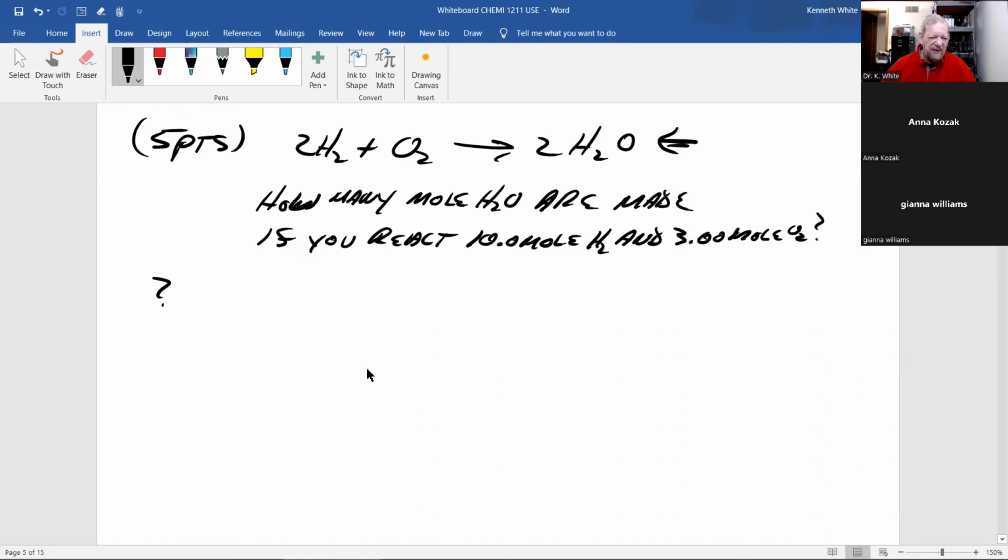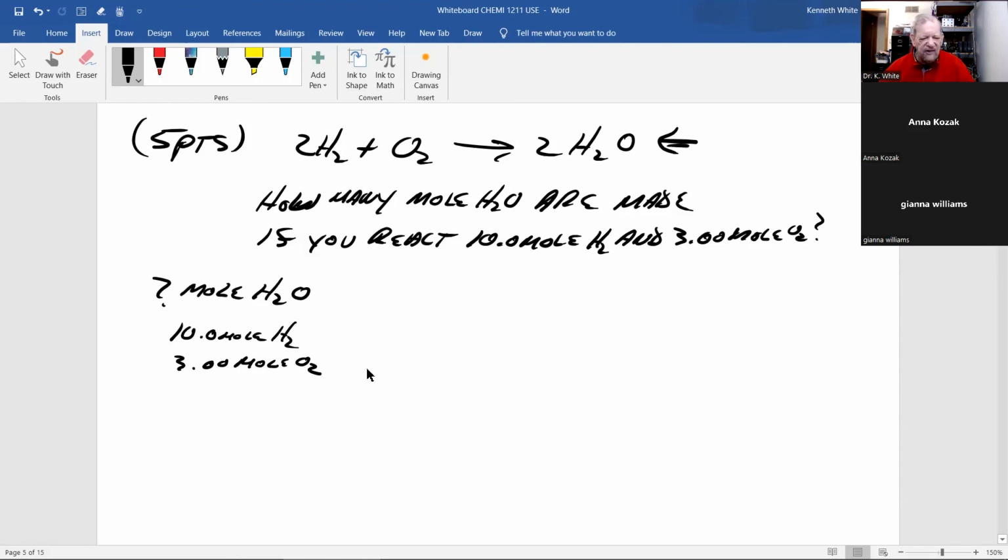So what are we being asked to find? Moles of water. What are we given? 10.0 moles of hydrogen and 3.00 moles of oxygen. Well, how do we begin?